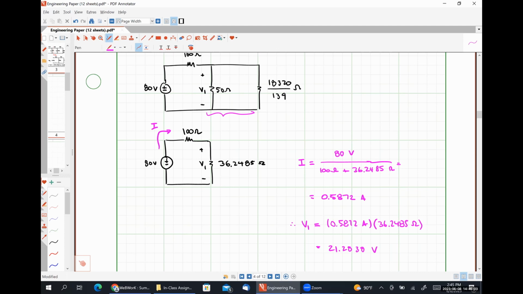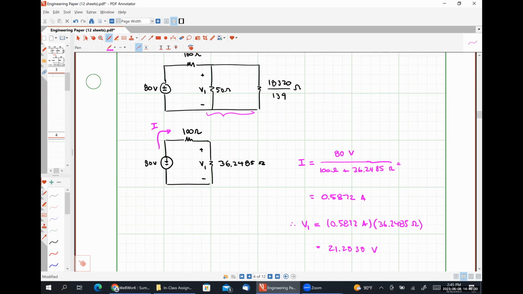So I've used nothing but resistor combination techniques to get this circuit down until it looked like a single loop circuit. Then I used Ohm's law to find the current flowing around the single loop circuit, and then used Ohm's law once again to find the voltage drop over the specific equivalent resistance that we were looking for.